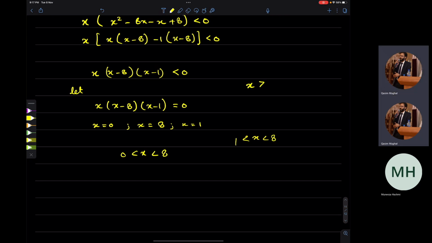X is greater than or equal to 1. Is that what you said? Yes. And 8 is greater than or equal to x.